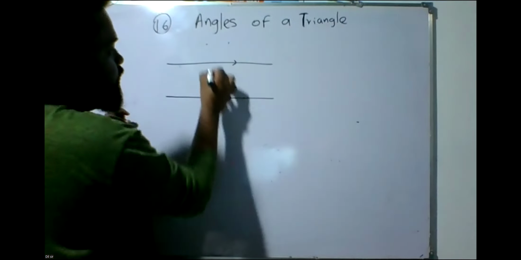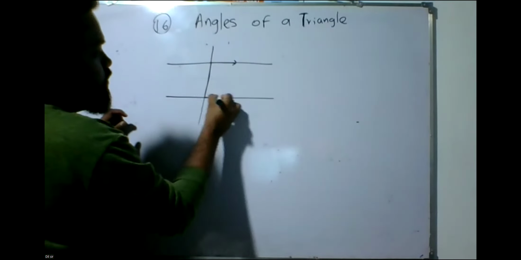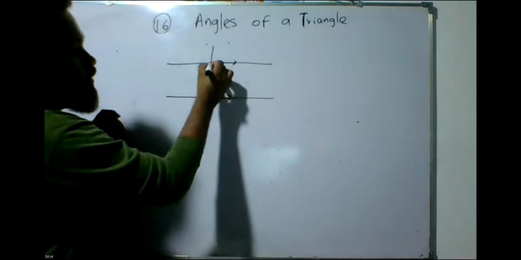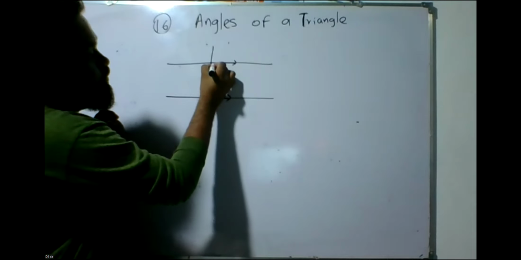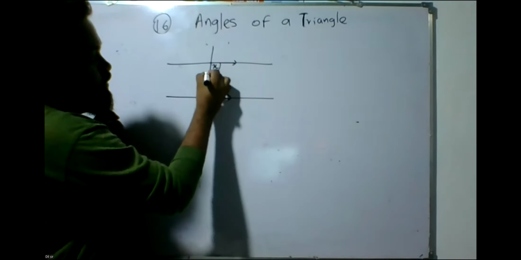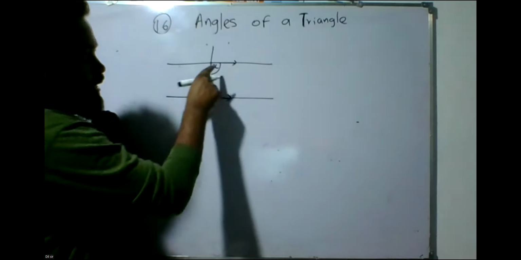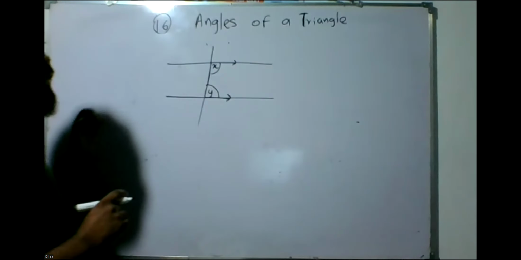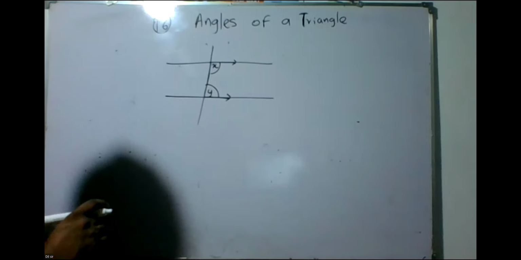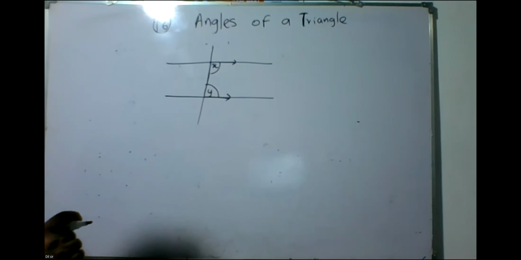Last one. Right? The shape is C now. The letter C. This one X, this one Y. The shape is C. Actually, they are called a pair of allied angles.